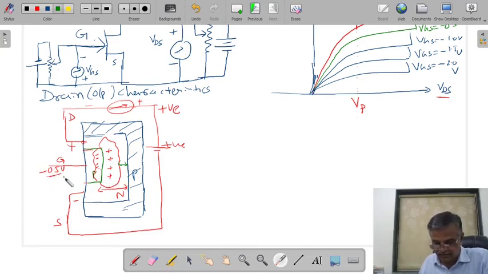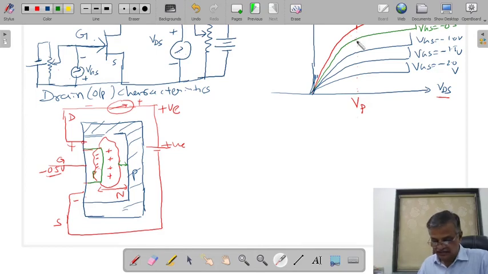Now as you give minus 0.5, due to this depletion layer, the width decreases. As a result, a smaller number of electrons will go here, so drain current decreases from this point to this point.